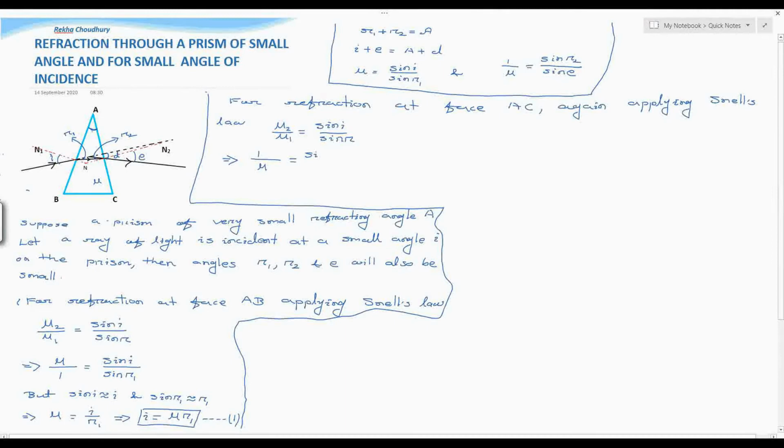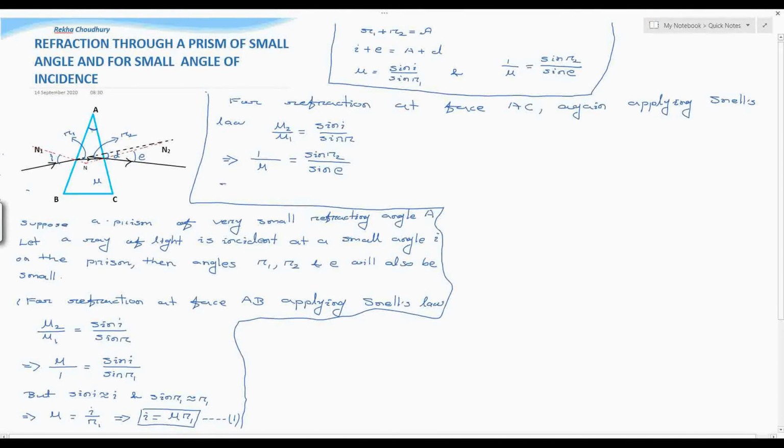Here the angle of incidence is R2, so sin R2 divided by sin E, where the angle of refraction is the angle of emergence E.